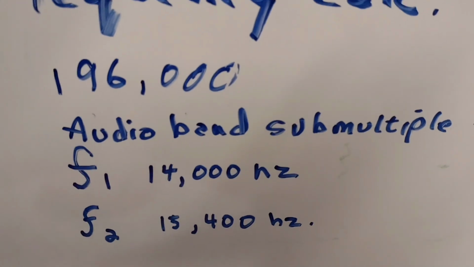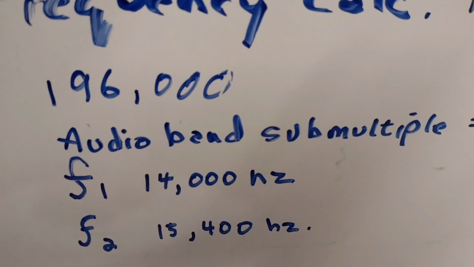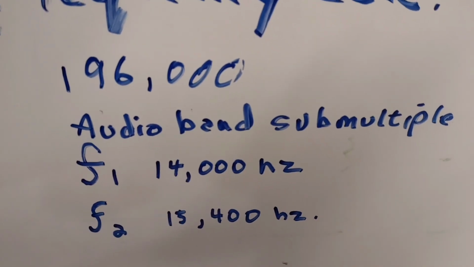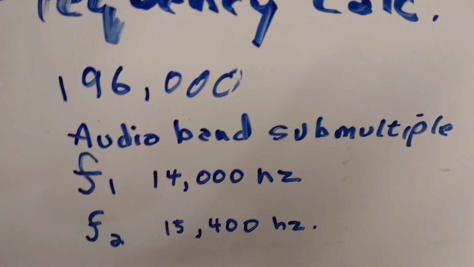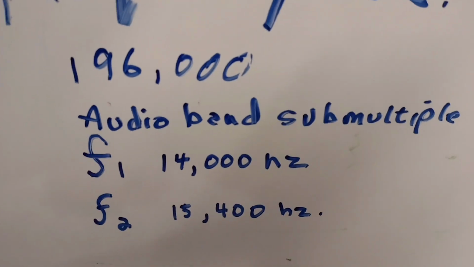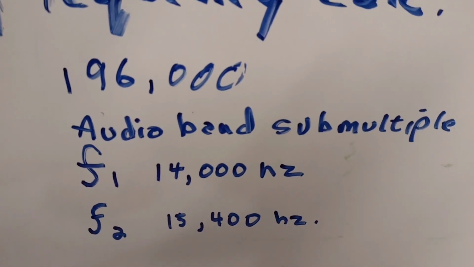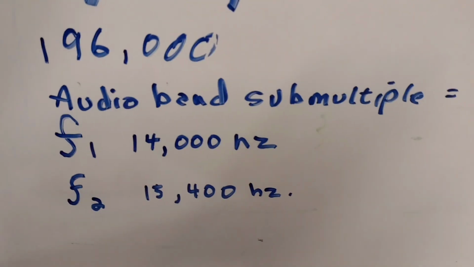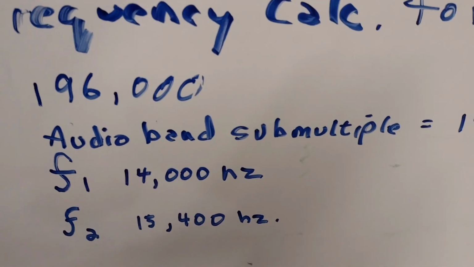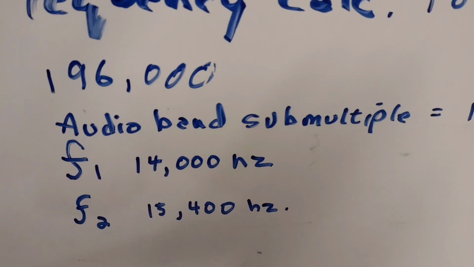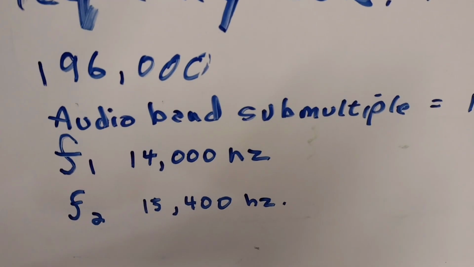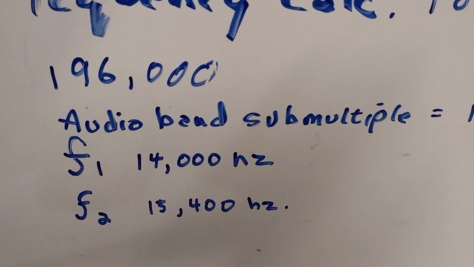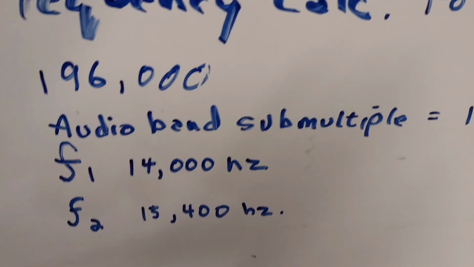Frequency 1 is 1400 hertz times 10, and frequency 2 is 1400 hertz times 11. And so we have a difference frequency of 1400 hertz itself. And if you take all three frequencies, 14,000 hertz, 15,400 hertz, and 1400 hertz, you get a total harmonic relationship between the three.